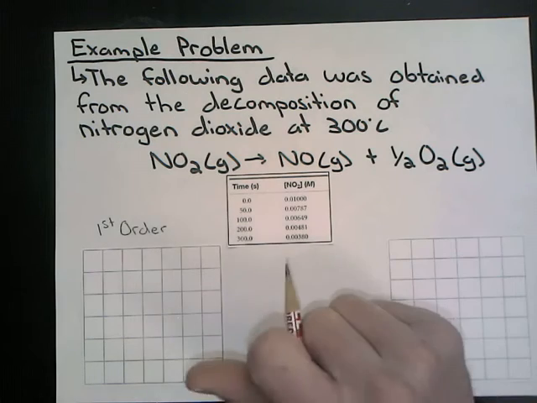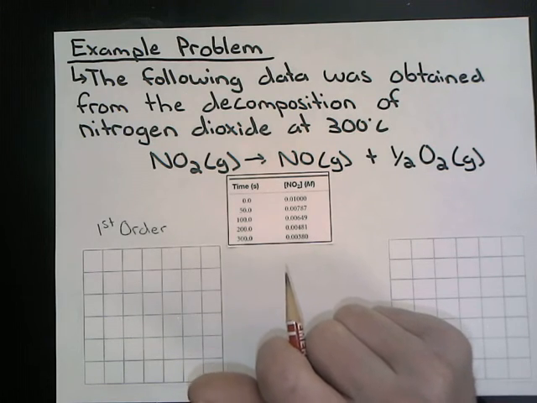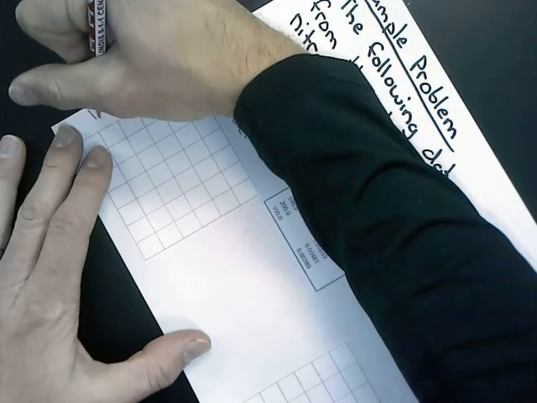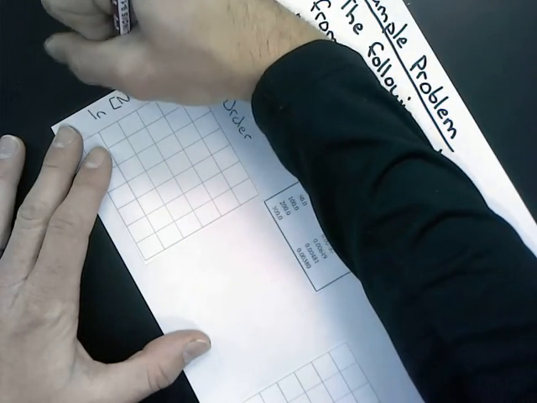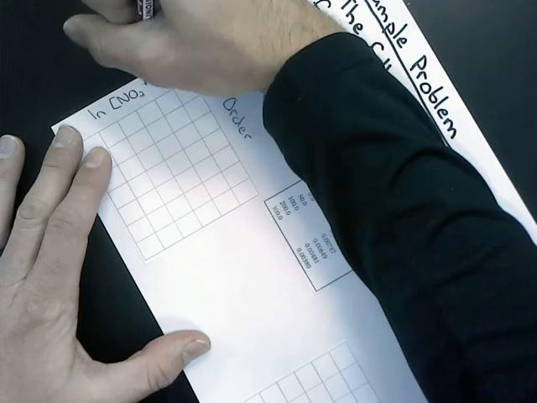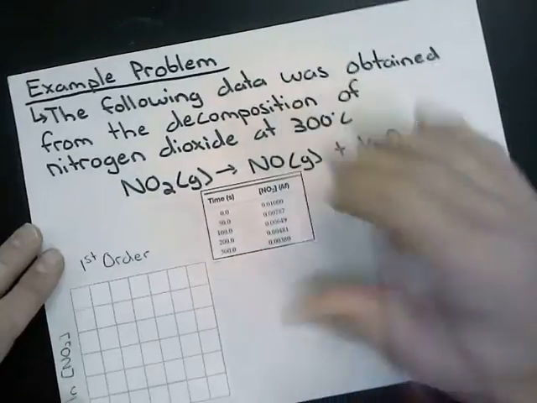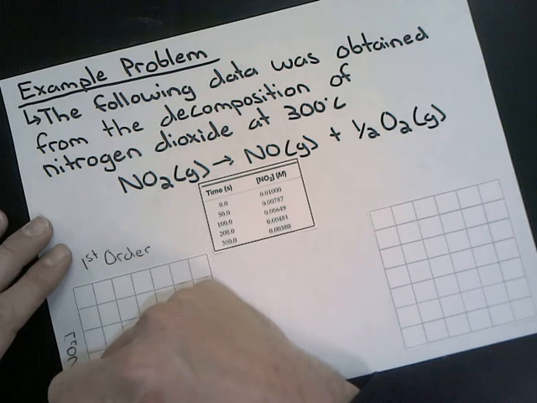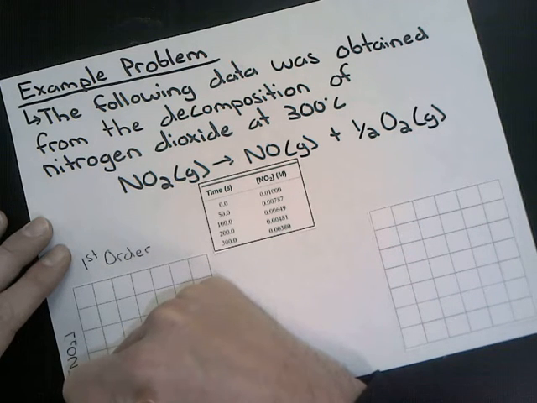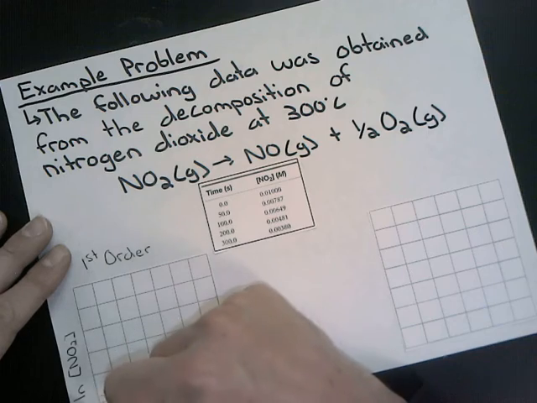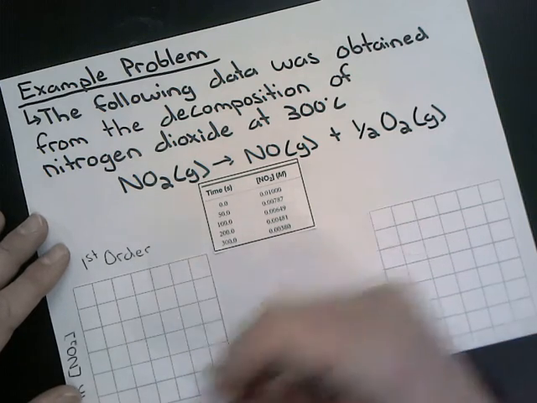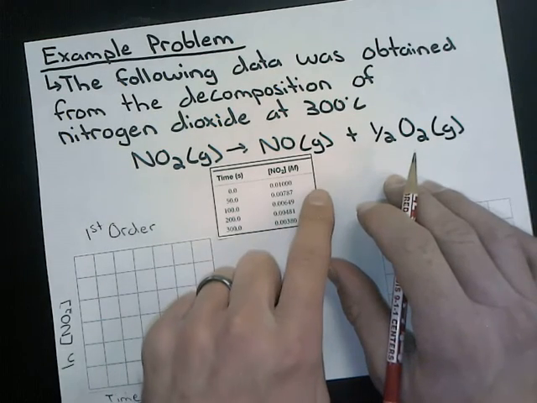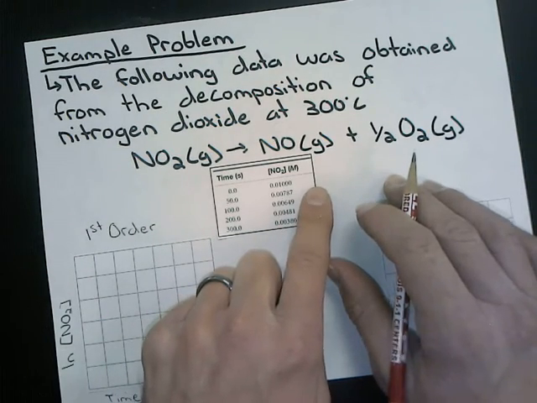So the first thing that I want to identify is our x and y axes. Our y-axis is going to be the natural log of the concentration of NO2, and our time in seconds is going to be our x-axis. So what I'm going to do over here is as follows.